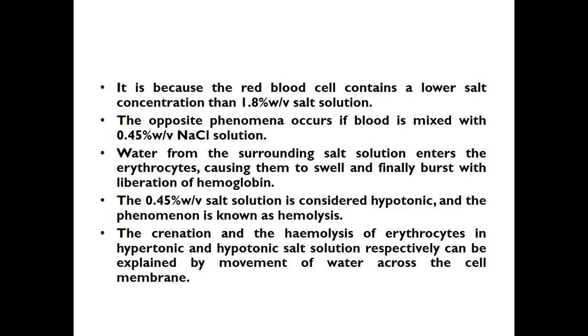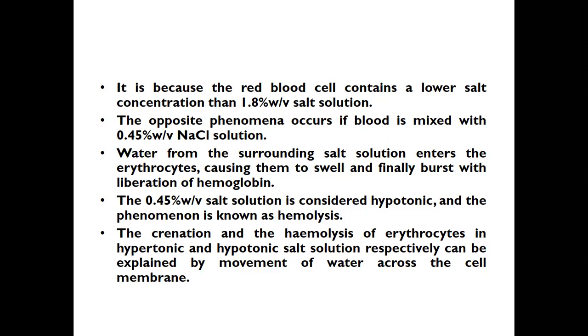The opposite phenomenon occurs if blood is mixed with 0.45% weight by volume NaCl solution. Water from the surrounding salt solution enters the erythrocytes, causing them to swell and finally burst with liberation of hemoglobin. So the 0.45% weight by volume salt solution is considered hypotonic, and the phenomenon is known as hemolysis.